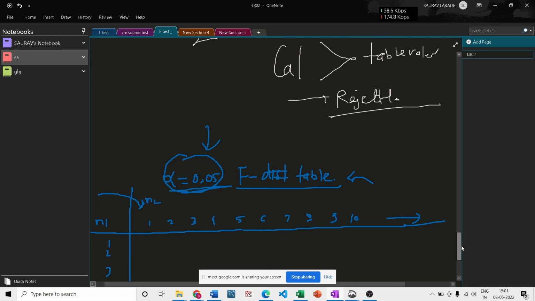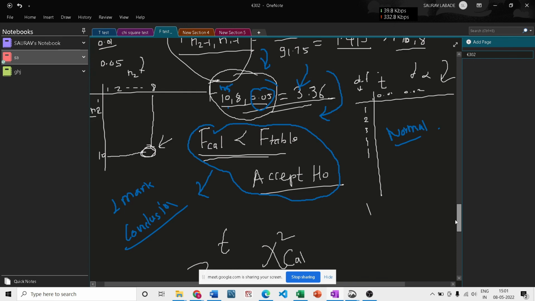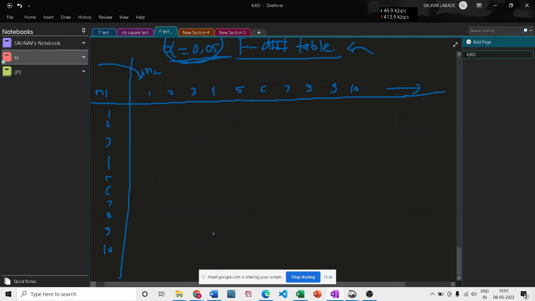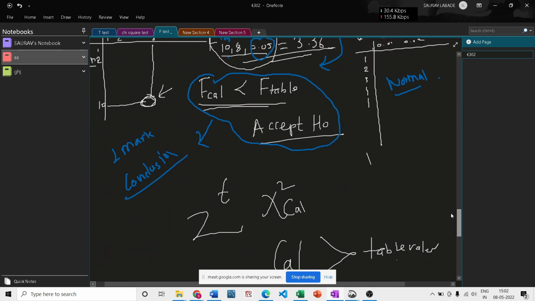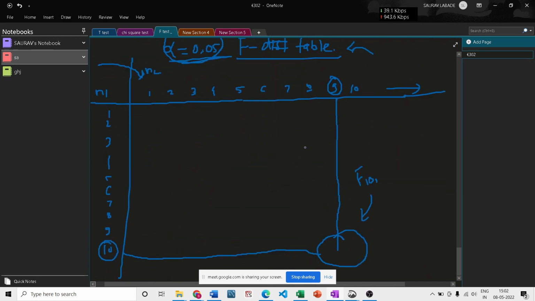Just find the degrees of freedom. First n1 value is 10, so we check here, and second n2 is 8. So this will be your table value, that is F 10, 8.